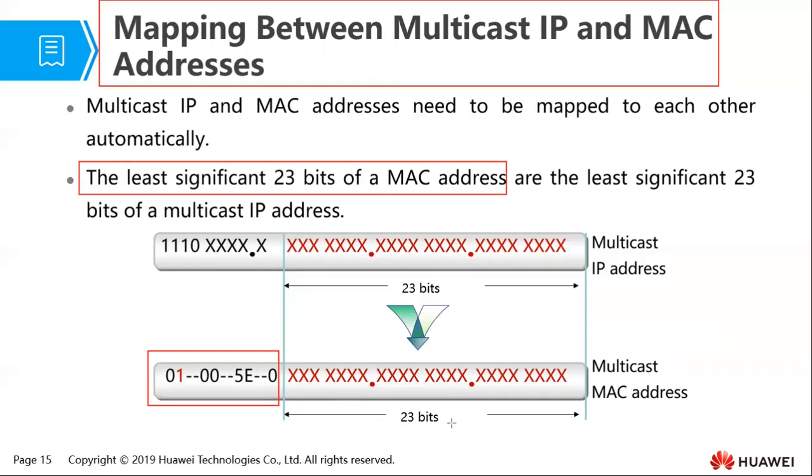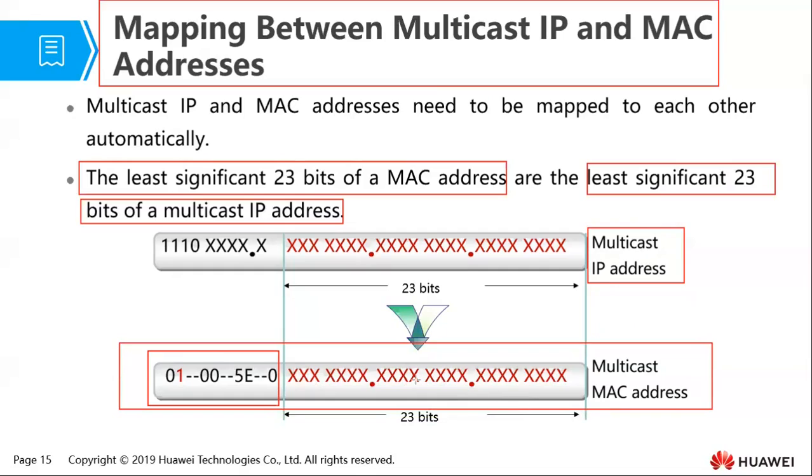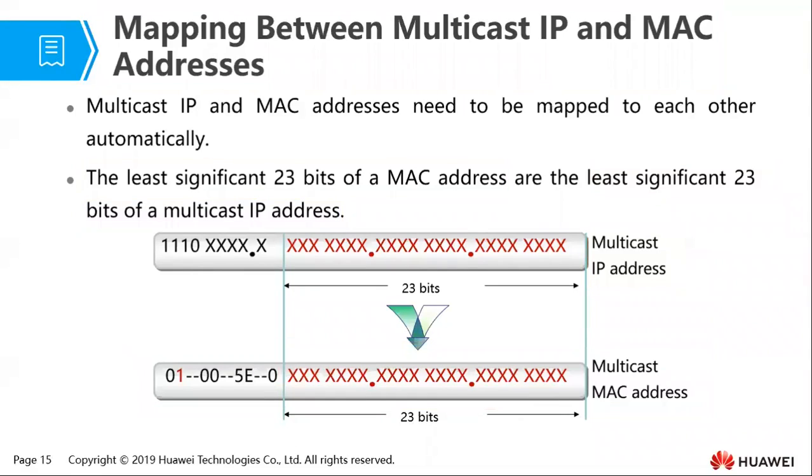The remaining 23 bits are mapped to the least significant 23 bits of the multicast IP address. So we simply take the last 23 bits of the multicast IP address and use them. We map them, and therefore what we come up with is a multicast MAC address that is unique. That is how multicast MAC addresses are generated. Okay.